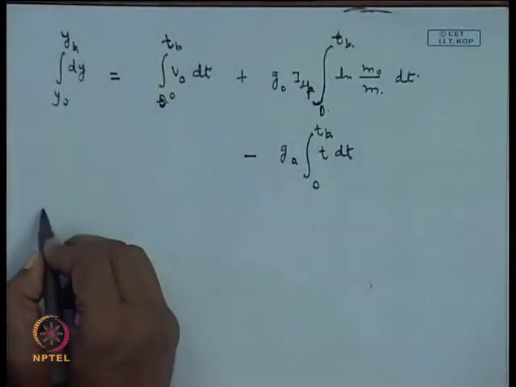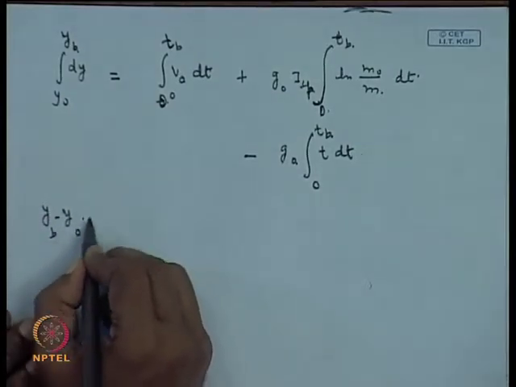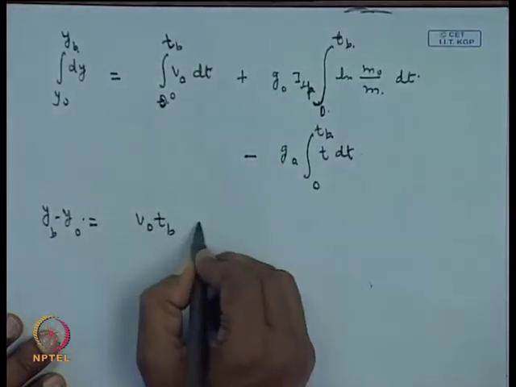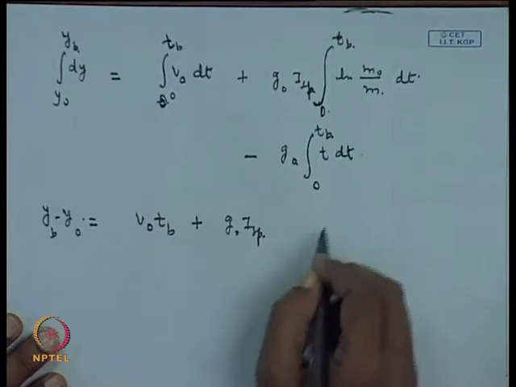And this is simple, just write this equation as y b minus y 0, this is equal to V 0 T b plus g 0 I s p.